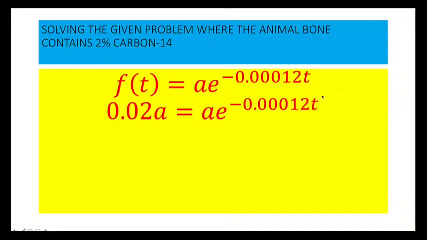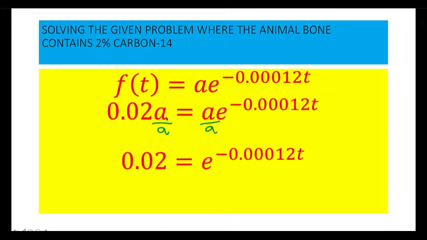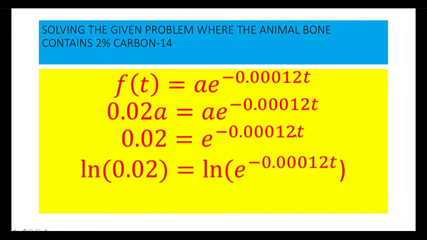We are solving for this variable t. Notice here that A and A are common, so we can cancel this out to get 0.02 equals e raised to this exponent. Since we are solving for t, which is in the exponent, we can take the logarithm of both sides. Since the base is e, we take the natural logarithm of both sides.